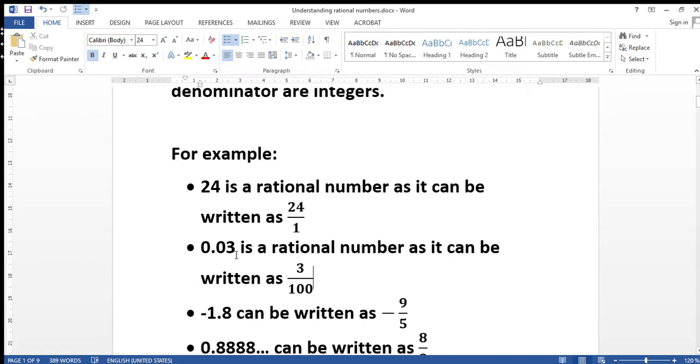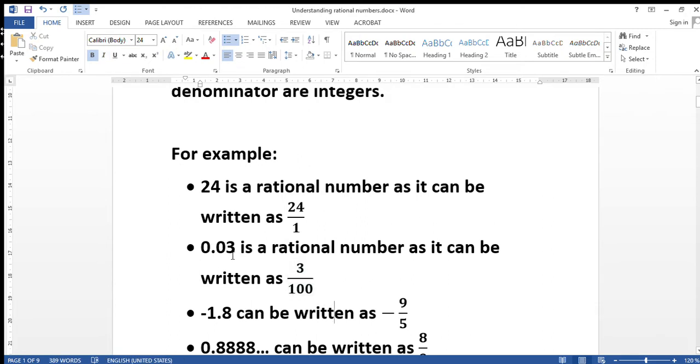Then we make this number 3 a whole number, and divide it by 100, which is 1 and then 2 zeros. That's why we write 100 as the denominator. That's how you should write a decimal number. It's also a rational number.